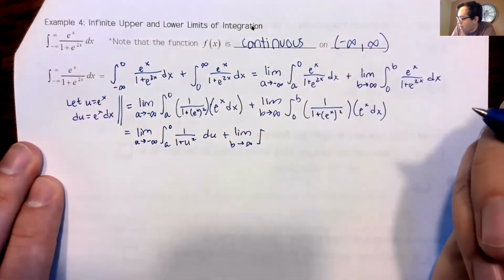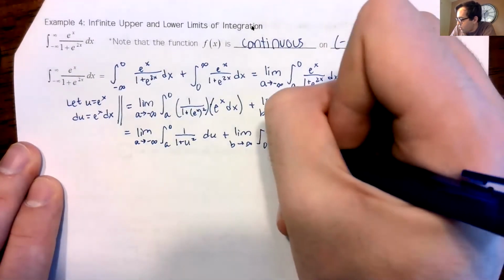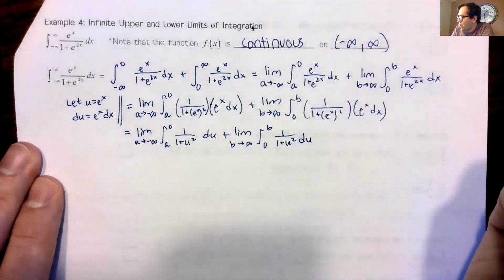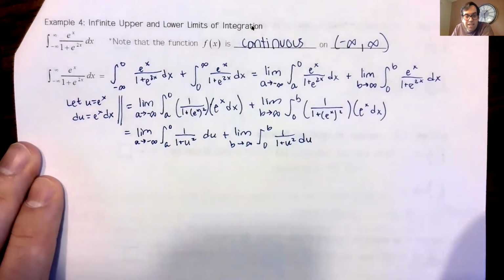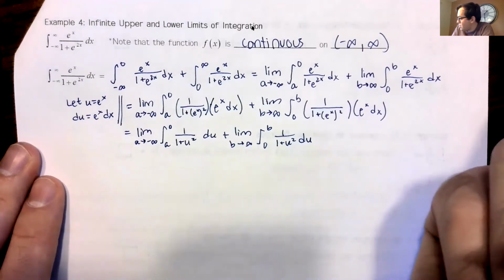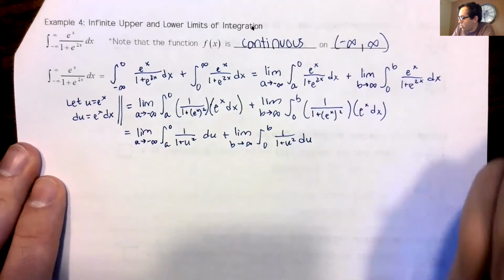Don't forget to write limit every single time. Okay, so that turned into the perfect integral to represent arctan. With the u substitution applied, this is now the derivative of arctan, so we can replace both of these.